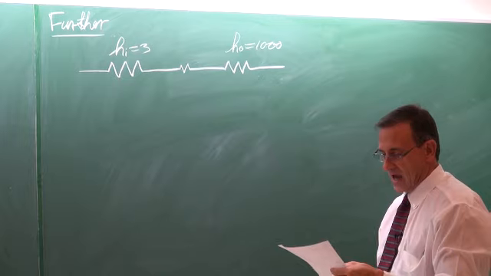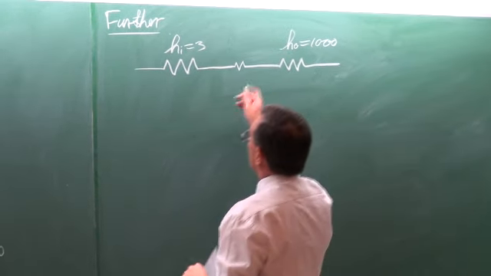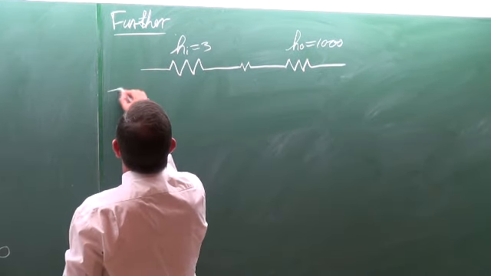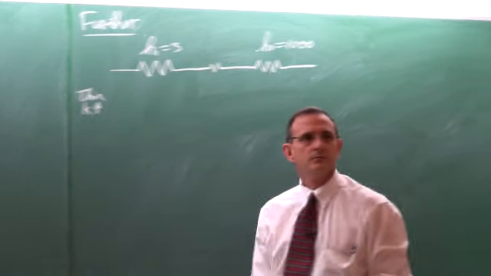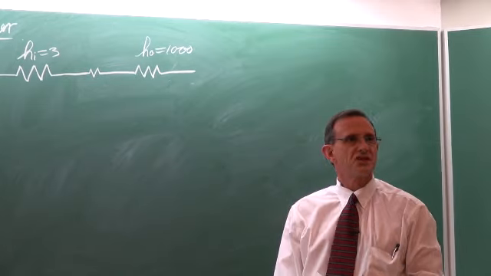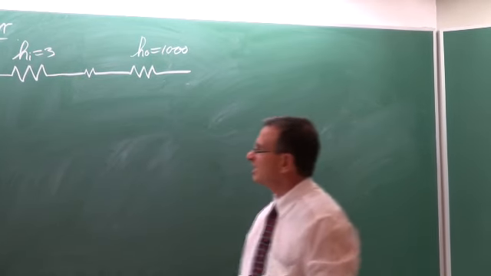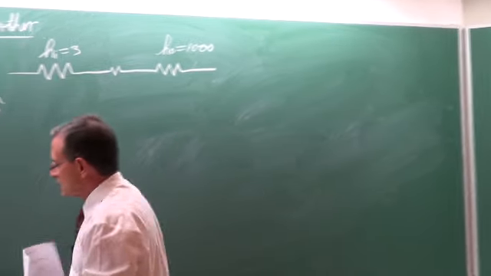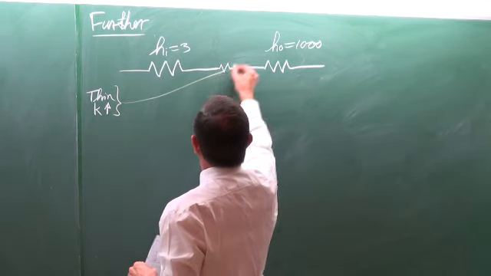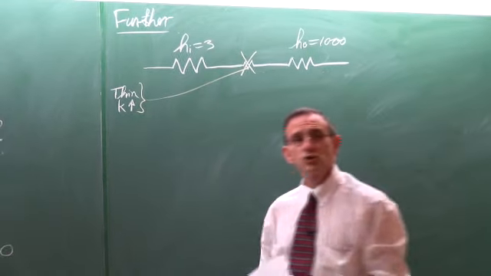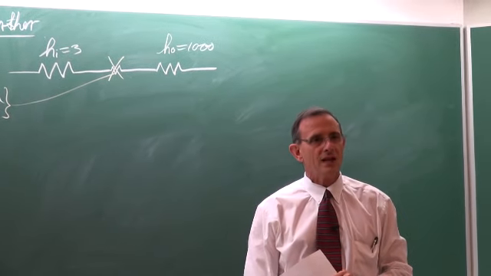And the wall is thin, thermal conductivity is high. Okay, wall is thin and thermal conductivity is high. So based on this, the fact that it is thin and K is high, we can say that most probably that resistance is going to be negligible.